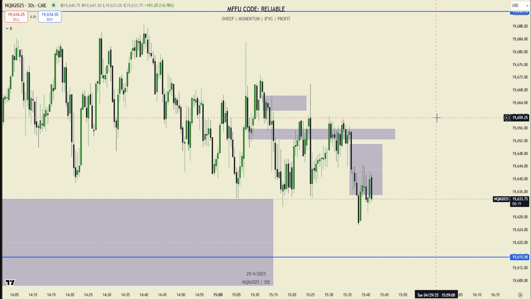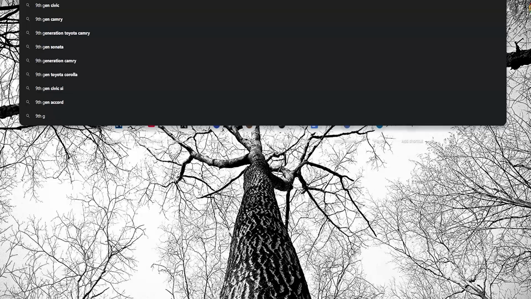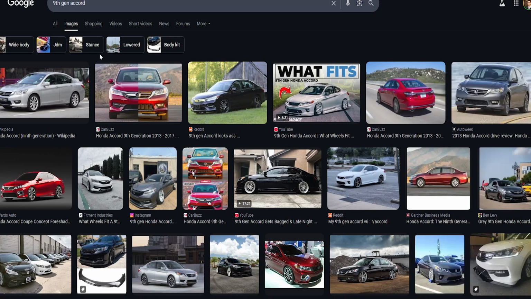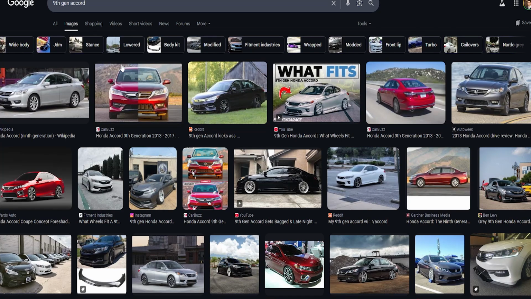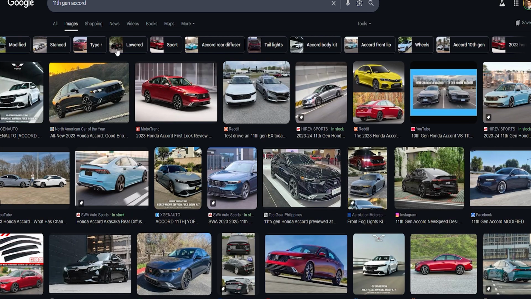The new Accords are low key clean. I think the new Camrys look better. What is it, like the ninth gen Accord now? Wait, what generation is the Accord on? The 11th gen? Is it this one?